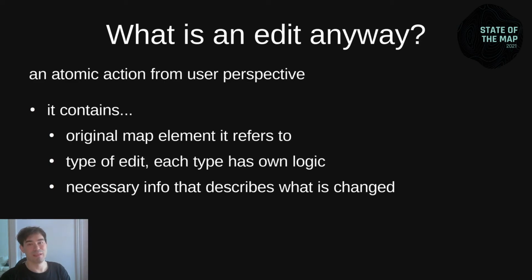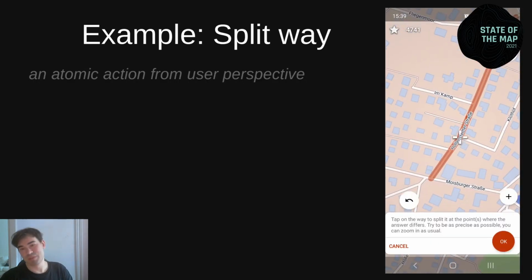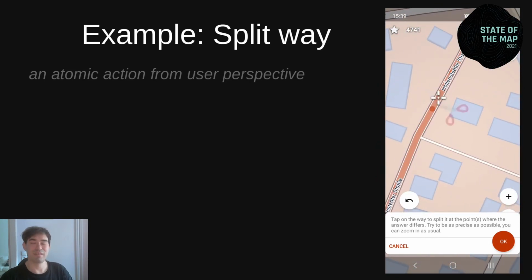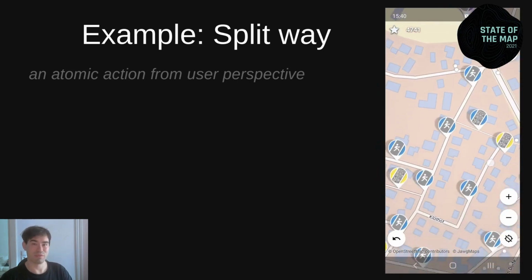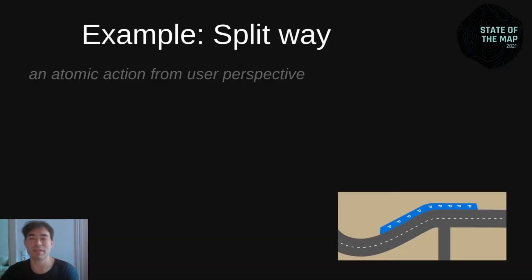So as promised, the example for the split way, what is an atomic action? So we split the way here and there, and that's the user action from the user point of view. Let's say we have this road and there's a parking lane on the left side. This is the geometry, and now let's look at what needs to be done from the technical perspective.